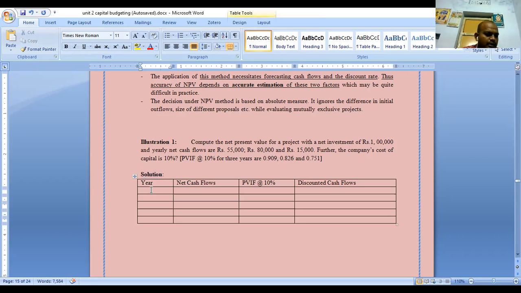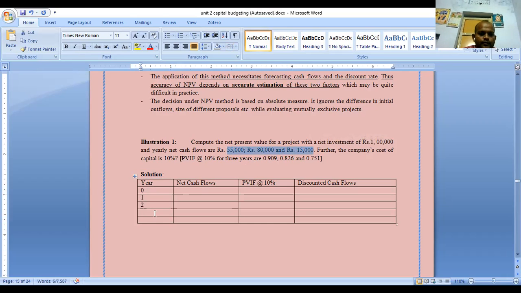If we prepare the table, it is very easy to calculate the net present value without any mistakes. I am starting from year 0, and the life of the project is 3 years because we have returns for 3 years.